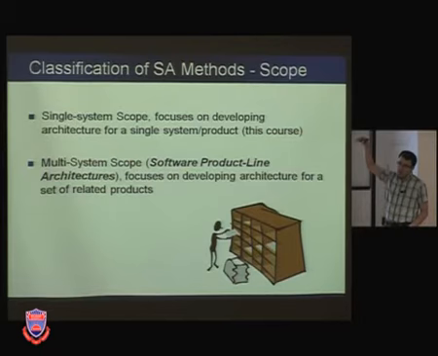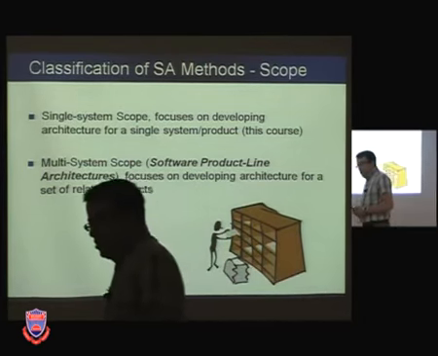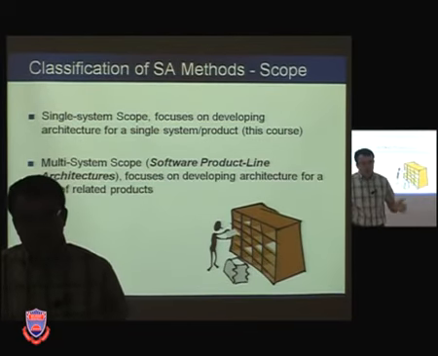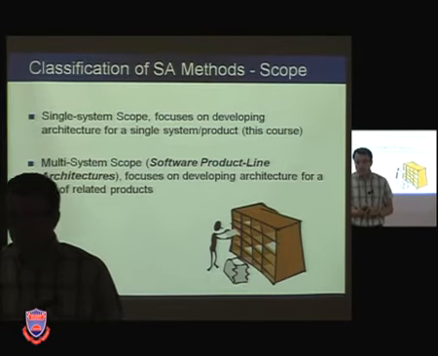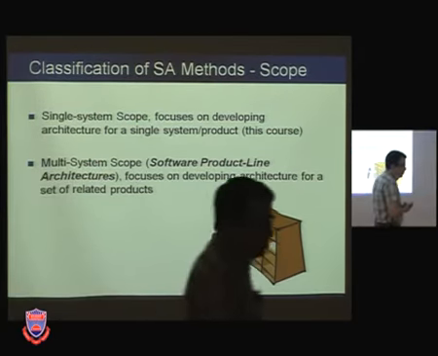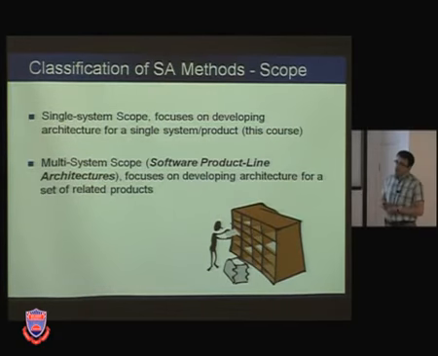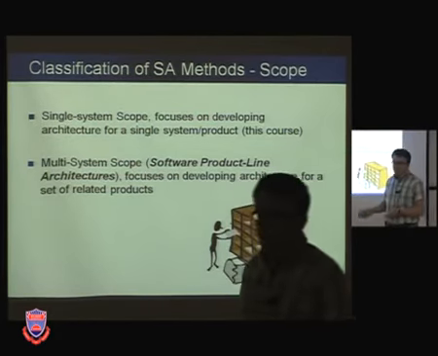So one architecture, and the goal is that it should model the architecture of a set of products, and the set of products is the product line. Okay? In this course, actually, we focus on single system scope for now. In the course of software product line engineering, we focus on this.